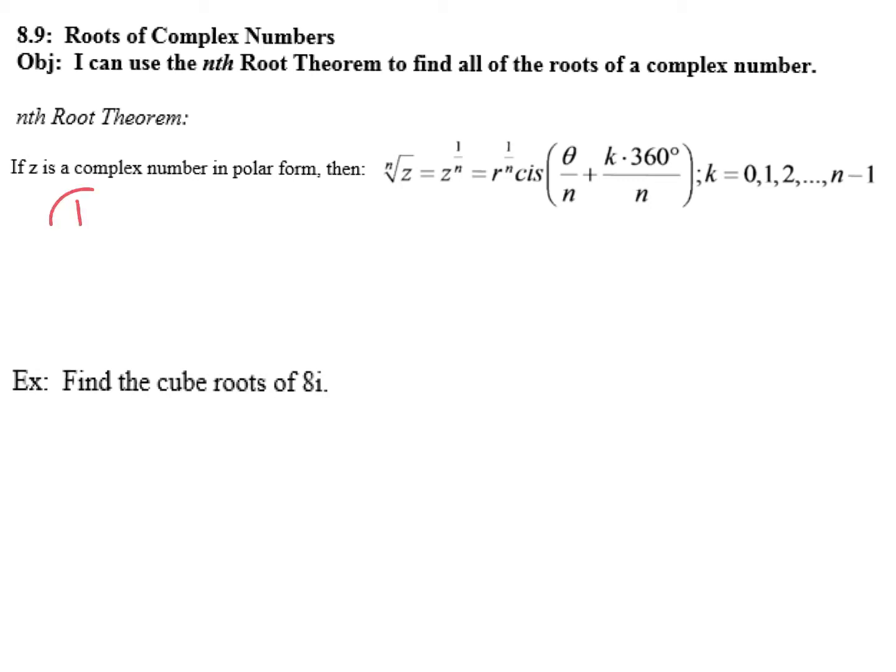One, if the number isn't in polar form, we'll convert it, right? Because this rule that you see up here, which I'll explain in a little bit, needs to be in polar form. The rule applies to a number that's in polar form.